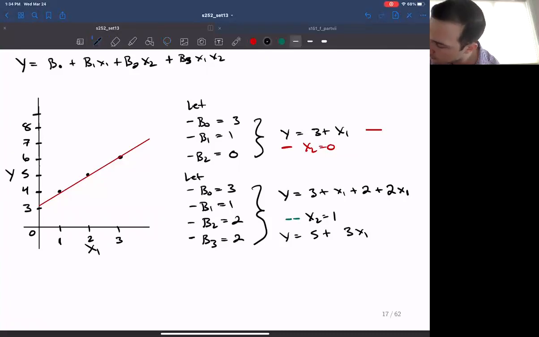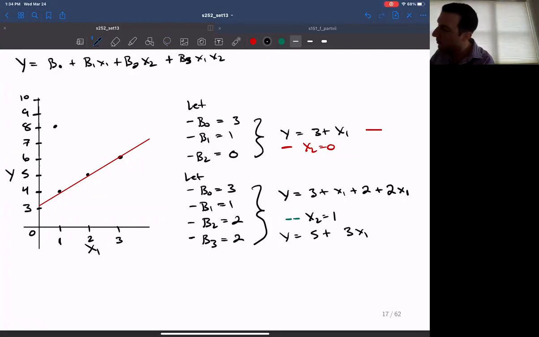So now you can see here, we have 5 plus 3x1. So when x1 is equal to 1, this is going to give us 8. When x1 is equal to 2, we now have 6 plus 5, which is 11.